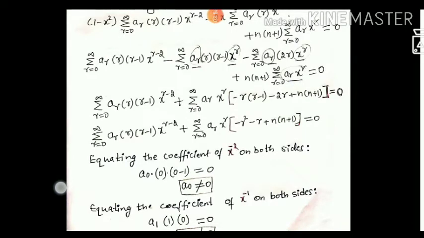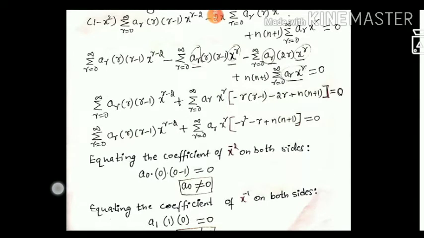Now if you see the expression properly, in the second expression we have ar x power r along with summation. Third also, along with summation we have ar and x power r. Last expression also has ar and x power r in common. So let us take summation ar x power r common in the next stage. For the first expression, no change.